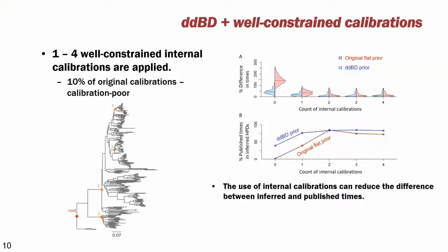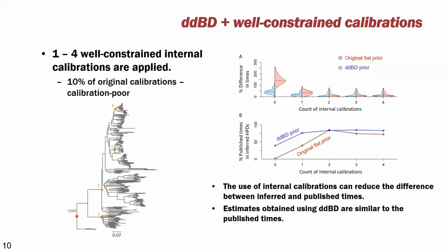This is expected because the calibrations can constrain the posterior times. But again, the data-driven tree prior performed better than the flat tree prior. It produced times more similar to the published times, and also the HPD intervals produced by the data-driven tree prior contain the published times more often.